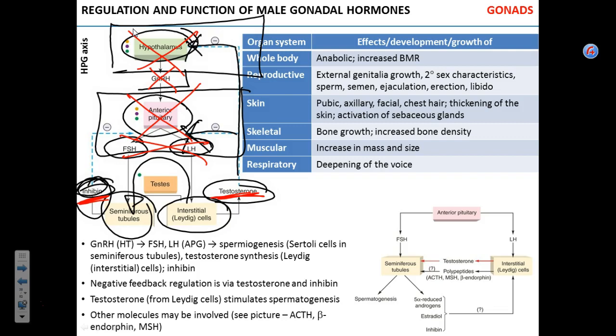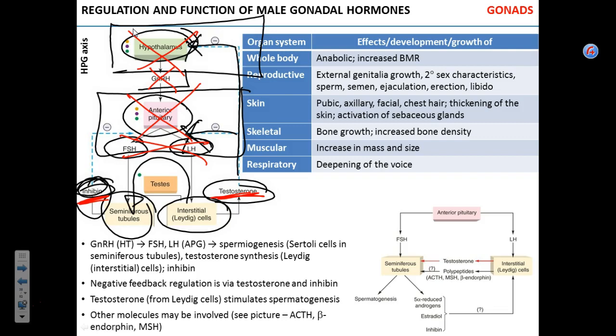It's going to inhibit it, so the whole axis shuts down. So sperm is not produced forever. Every time there is an ejaculation and sperm counts decrease, you restart the axis. Levels of those hormones go down, and the axis starts again. Make sense?